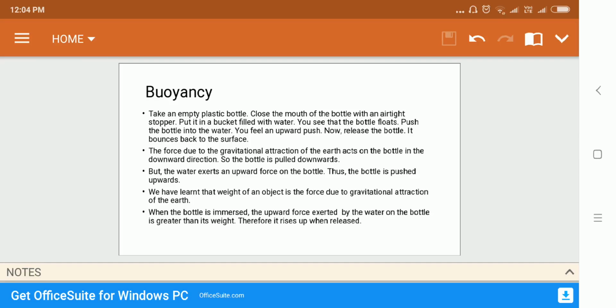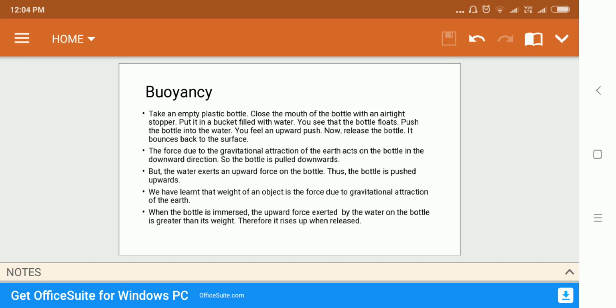The force due to the gravitational attraction of the earth acts on the bottle, so it is supposed to move downward. But the water exerts an upward force on the bottle, and thus the bottle moves upward.